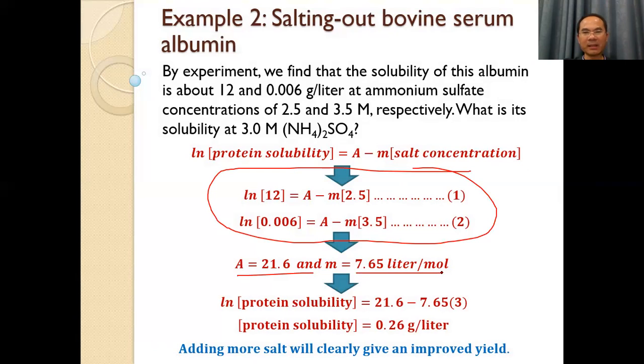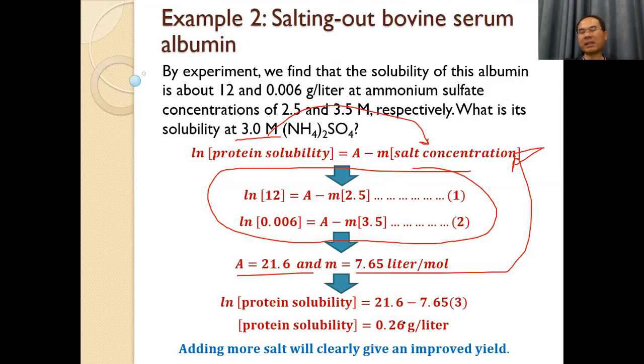And then the question is, what is its solubility at 3 molar? You substitute A and M into this equation and you get the general equation: log protein solubility equal to 21.6 minus 7.65 multiplied by the concentration of salt. For the question at 3 molar, you substitute 3 for the concentration, and you can solve for the protein solubility, which is 0.26 gram per liter.